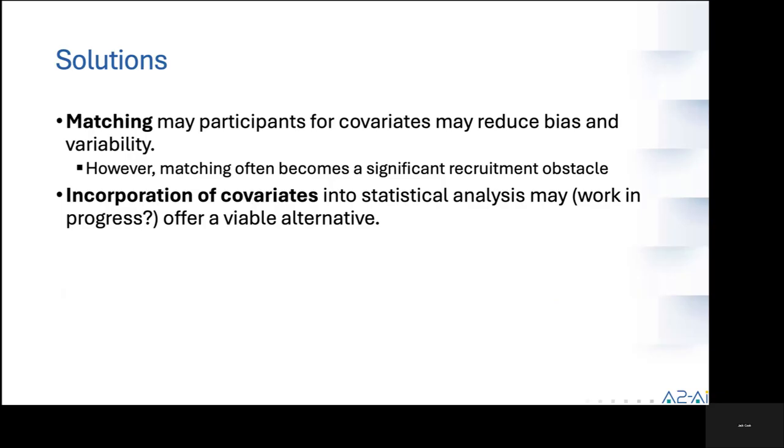Another alternative approach is to include those covariates, those things that you know might affect the pharmacokinetics of your drug, into the statistical analysis. I will say this is a work in progress, that it's not right now a standard practice, but I believe it offers a viable alternative.